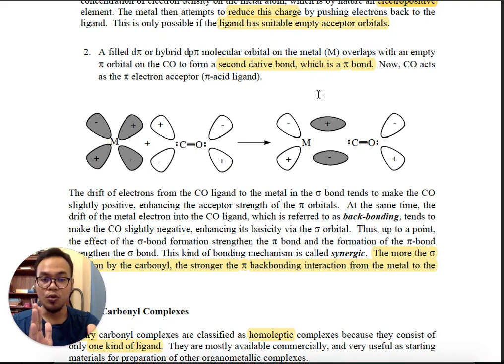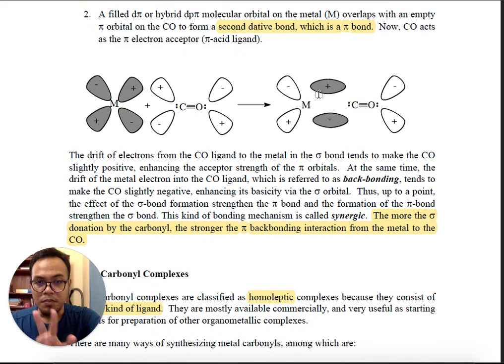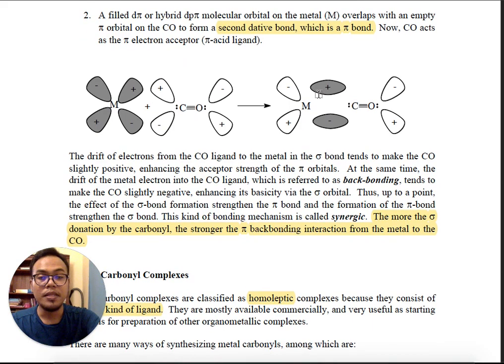Meaning, according to Lewis, it can accept electrons. So they are pi electron acceptors. So in this case, there is a possibility for the carbon monoxide or carbonyl to accept back the number of electrons given by the metal. That's why it's called pi acid ligand. I hope you are clear on that particular concept.